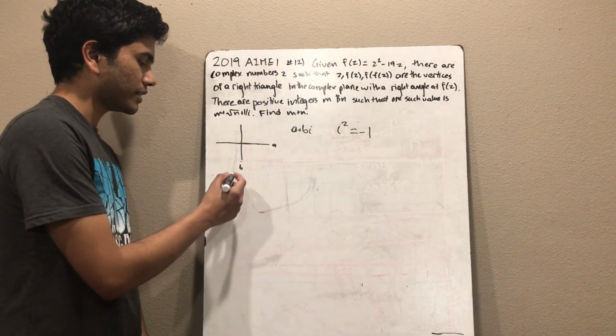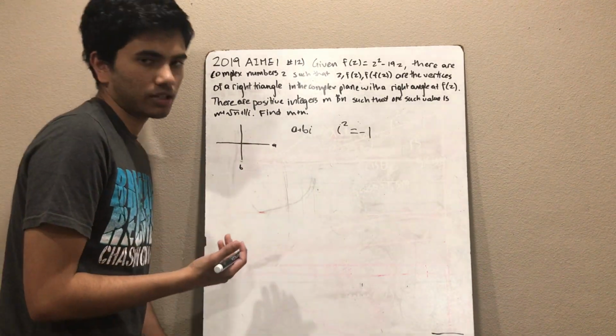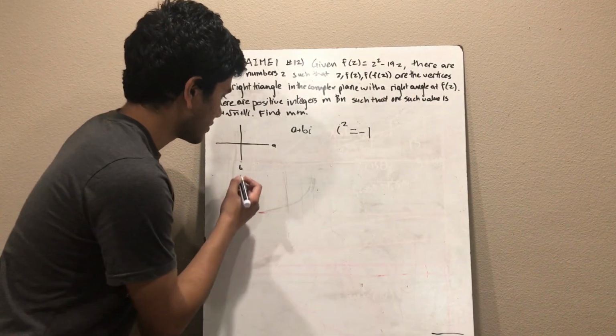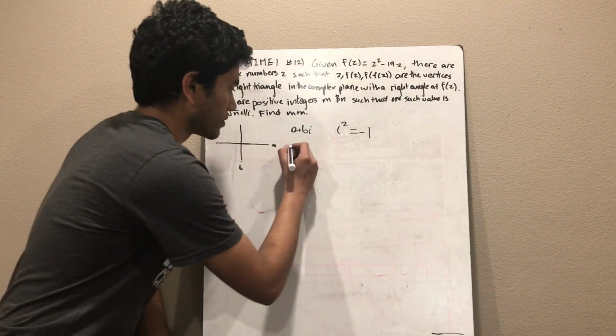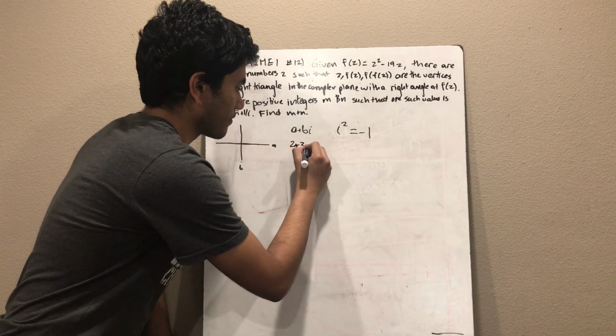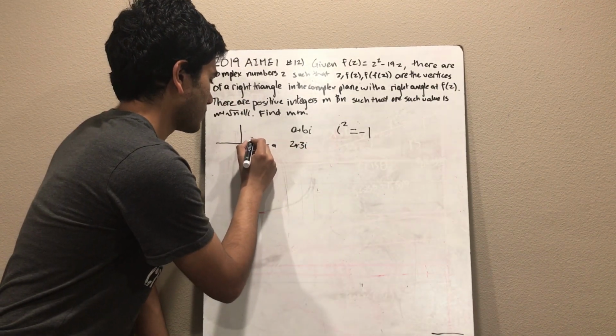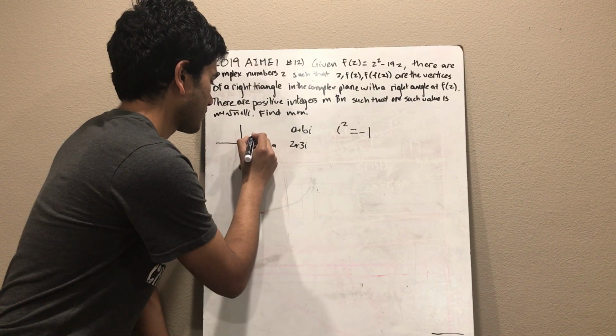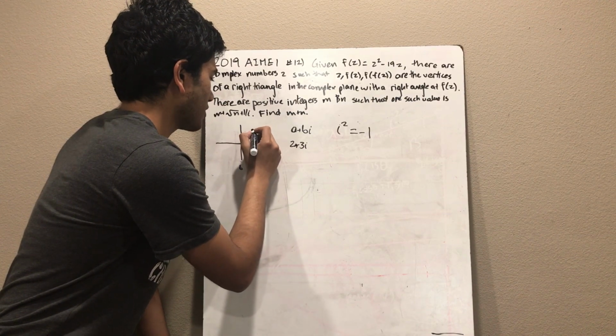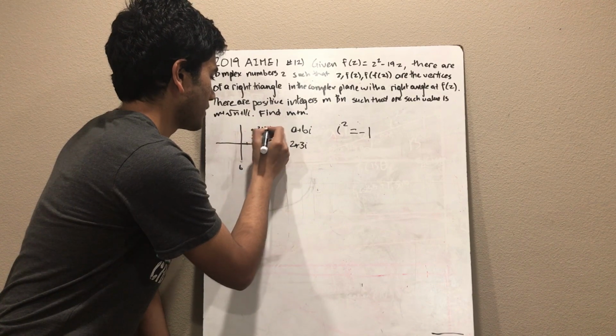So the complex plane is a way of drawing complex numbers. If we want to draw the complex number 2 plus 3i, we would go 2 to the right and 3 up, and we say that number is 2 plus 3i.